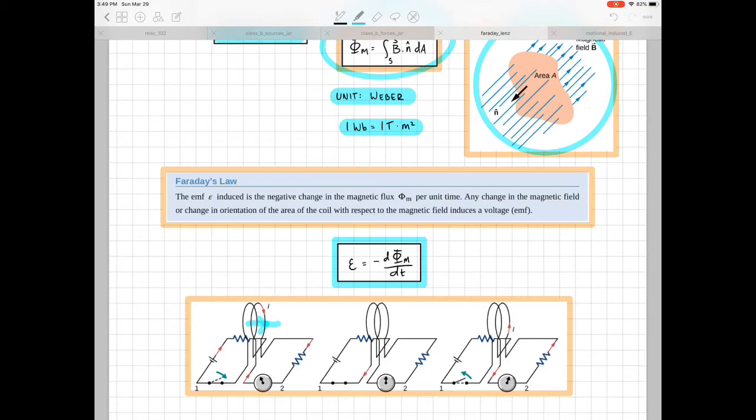It was 0. Now there's some amount of magnetic flux corresponding to the B field pointing to the right. So what that means is that the magnetic flux through the loop changed. There will be an induced EMF produced in the loop, and so there will be an induced current.